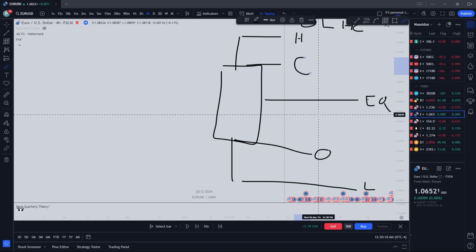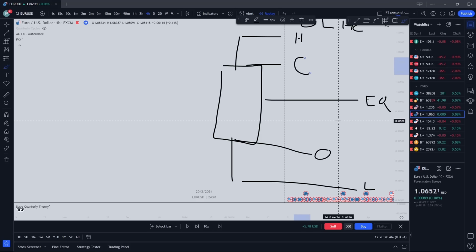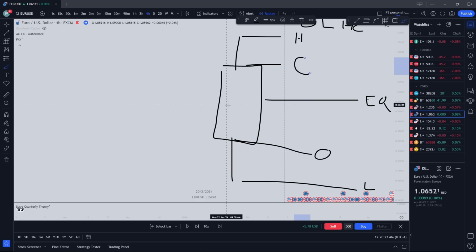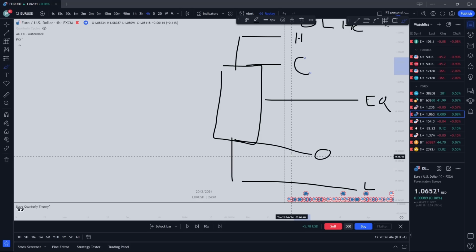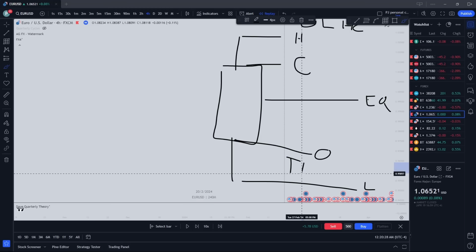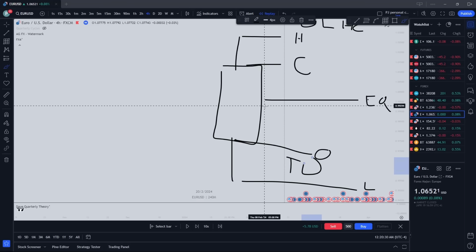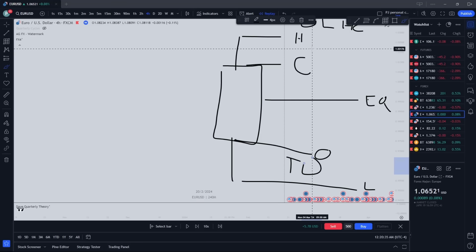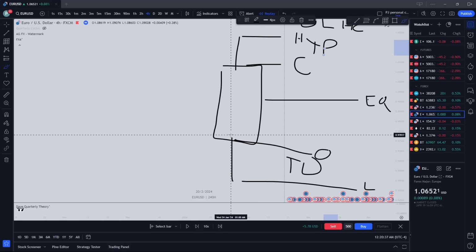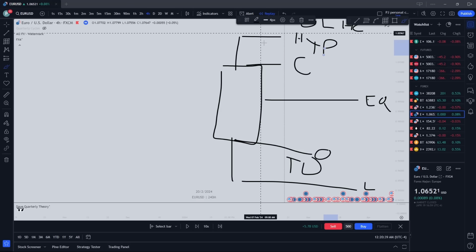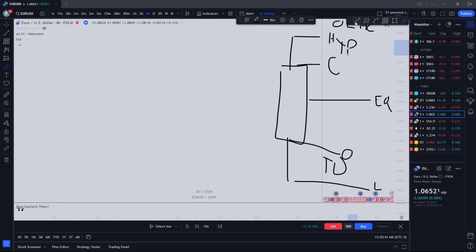That leaves you with an EQ of the candle. As well as if you open, you have your time-based discount, leading into your time-based premium after you open low, then high, close.